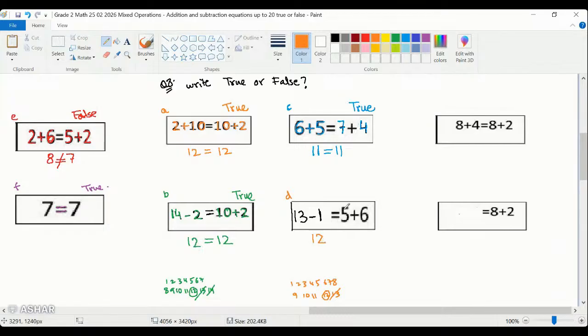And we know that 5 plus 6, that means we have 5 numbers. Let's show you the addition. We have the 5 numbers 1, 2, 3, 4, 5, and we add 6 more numbers to it. 6, 7, 8, 9, 10, and 11. This comes out to be 11. 12 is not equal to 11, right? So we say 13 minus 1 is not equal to 5 plus 6. It is a false statement. Agreed?